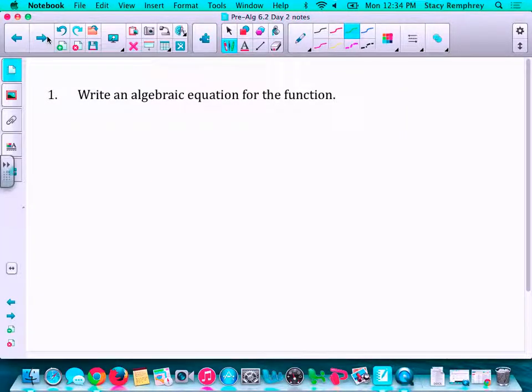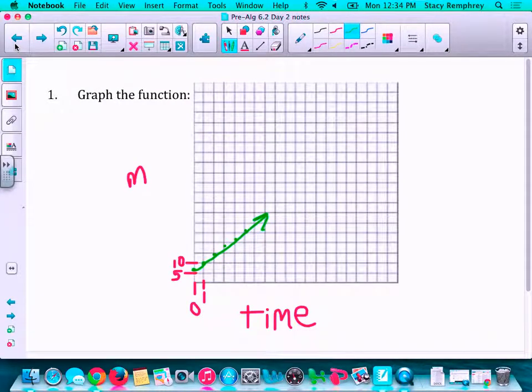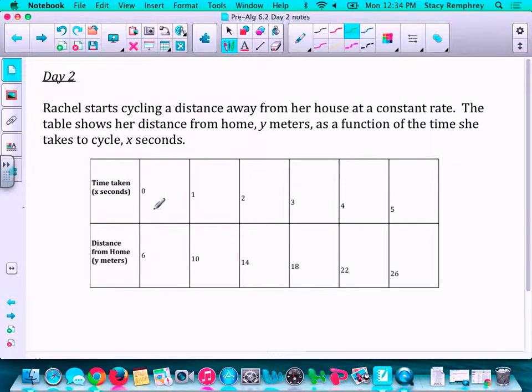The next question says, write an algebraic equation for the function. You can do this in 2 ways. I'm going to work from the table, and then I'll go back and work from the graph. For the table, this is our y-intercept. Wherever x is 0, that's our y-intercept. So that's our b in y equals mx plus b. To find the slope, we've done this a million times in the last chapter. I'm going to find the difference in the y's.